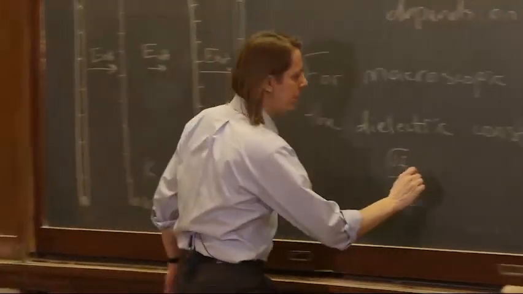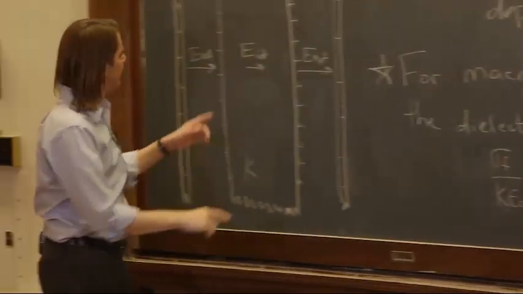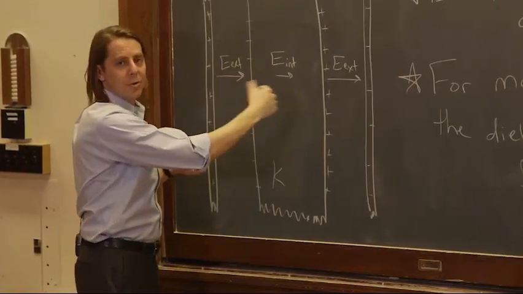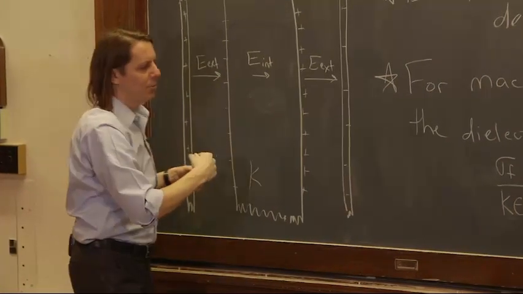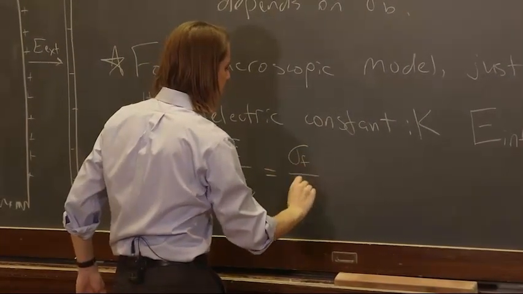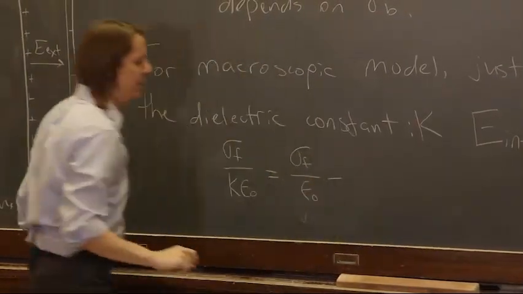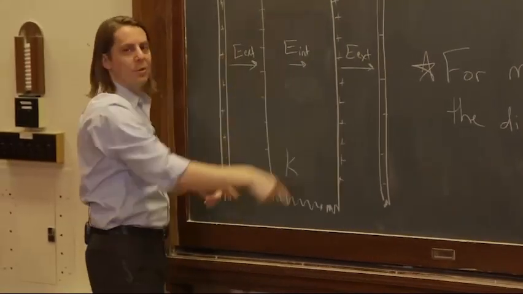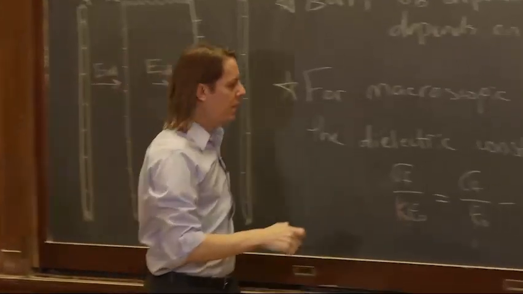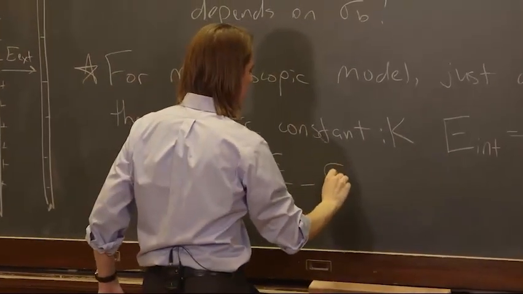That's equal to what? That's equal to the external field plus the field the polarization creates, going back. So the external field, well, that's just sigma free over epsilon naught. And then we subtracted the field due to the bound charge, which was sigma b over epsilon naught.